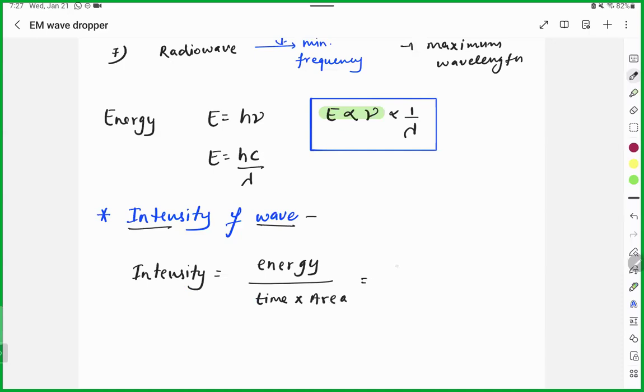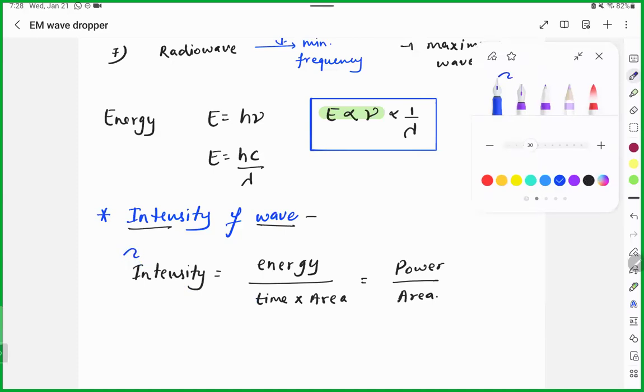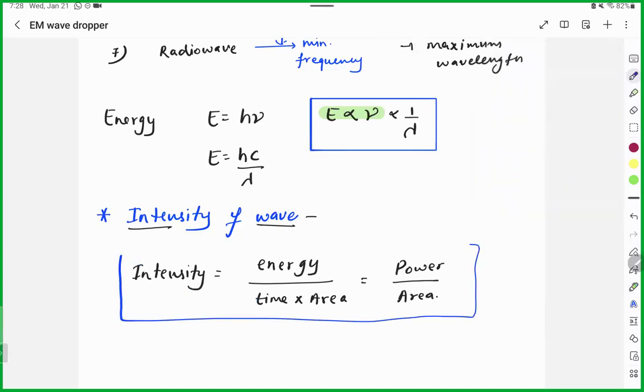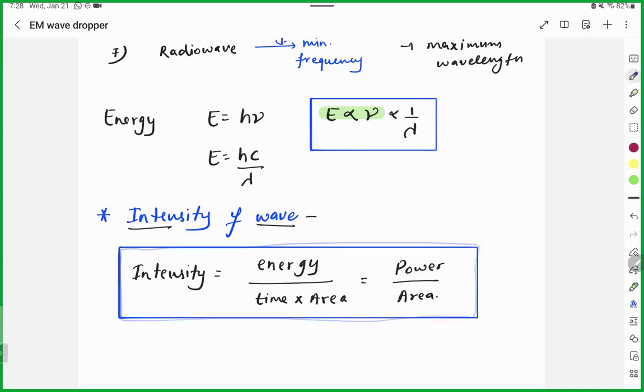It also looks like power per unit area. So intensity in general is important, and we discussed this in the wave chapter also. Whenever you calculate intensity, always correlate power by area, or energy per unit time per unit area, because power is equal to energy per unit time.